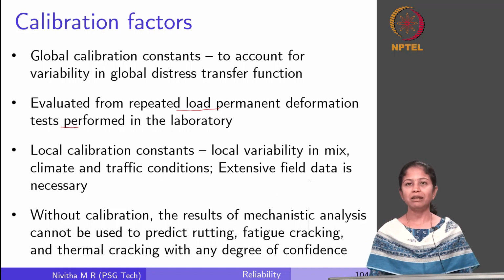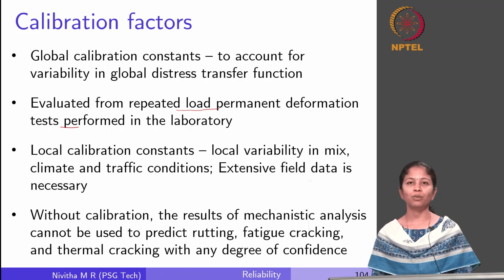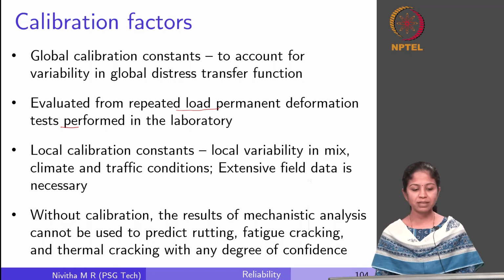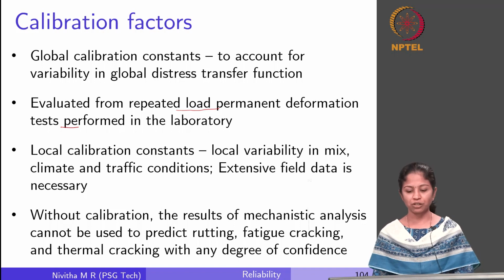We can calibrate the global calibration constants for the specific site. So, for that case we have to use the mix which is expected to be used in the site, do a repeated load permanent deformation test in the laboratory, and there is a procedure to arrive at this set of calibration constants.